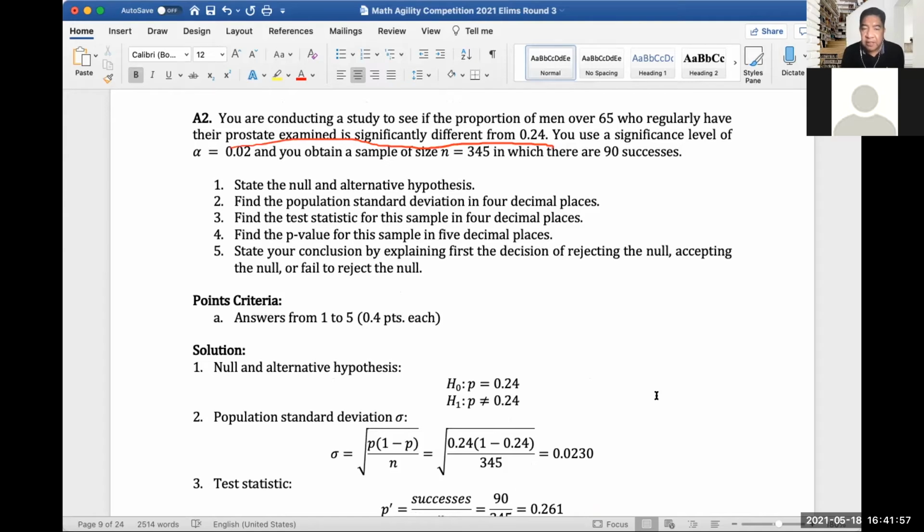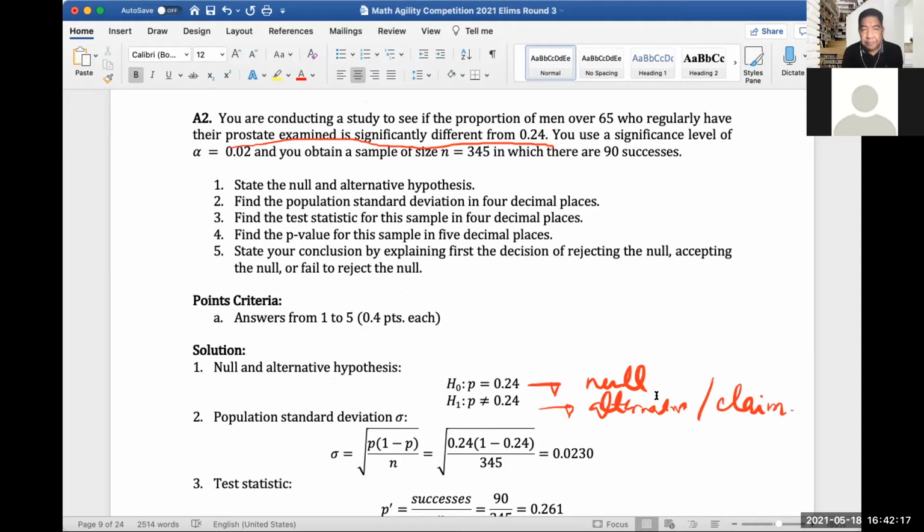So it means it's not equal to 0.24. That's the claim, right? So that's our alternative hypothesis here. And our null is, of course, the one that uses the equality sign. The alternative is always the claim.